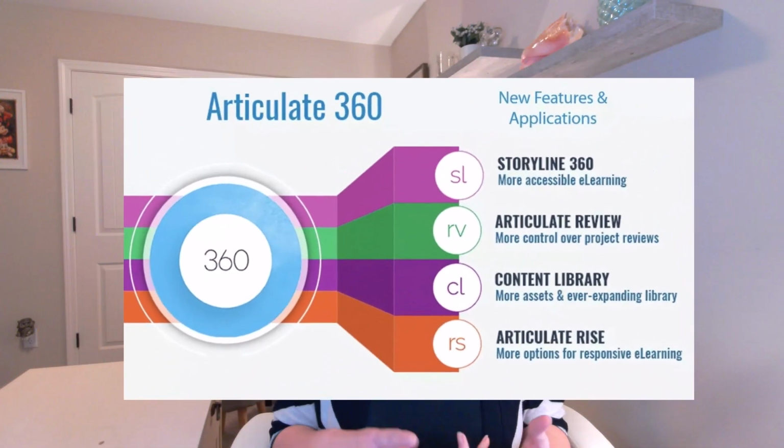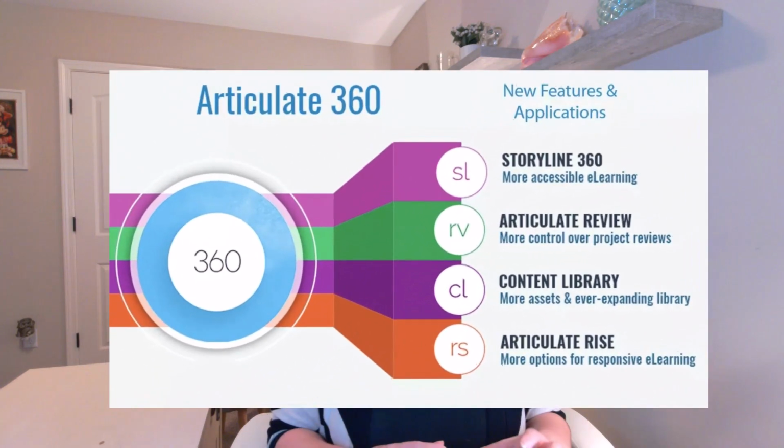Tool number 3 is Articulate 360. Articulate 360 is one of the more popular ones out there right now. You probably have already heard of it. When you purchase Articulate 360, it actually has the whole bundle package of all e-learning authoring tools. It has Rise 360 in it and Storyline 360. Rise 360 is a web-based, course-based e-learning process, and then Storyline 360 is more of a PowerPoint slide-based course.